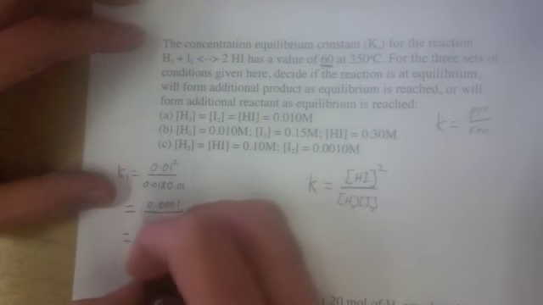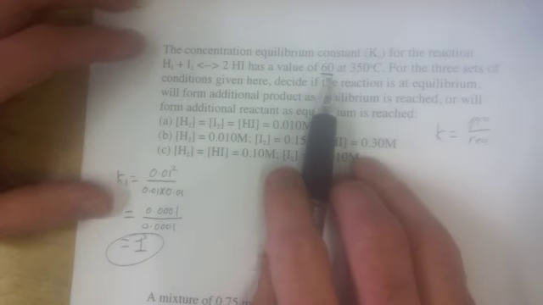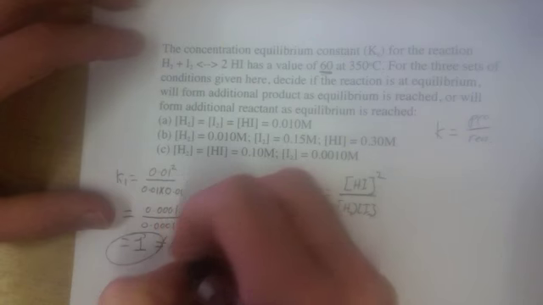Now we're given that K is 60, so this is not equal to 60.